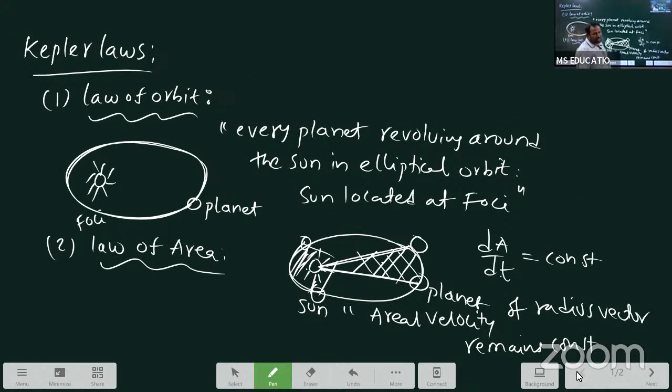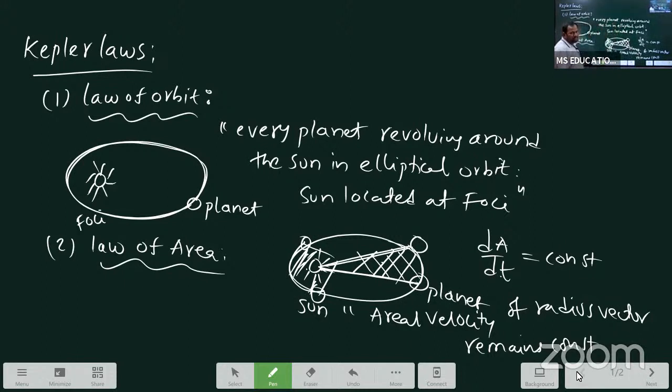When you are reading this question, concentrate especially on the side headings: law of orbit, law of area, law of period. Law of orbit: every planet revolves around the sun in an elliptical orbit, just like the Sommerfeld atomic model in chemistry.